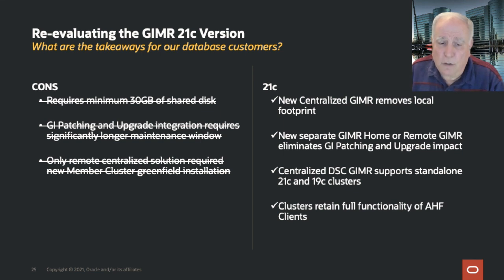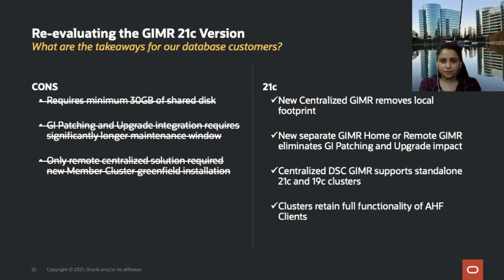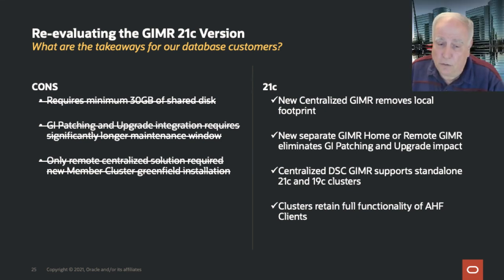We now no longer have any roadblocks to GI patching and upgrade because I don't have to upgrade the DSC, because it can do forward and backward compatibility, right? Yes. And I don't actually need to install new clusters anymore to make use of this function because I can use my existing clusters, if I understand correctly. So basically, we've addressed all of the cons.